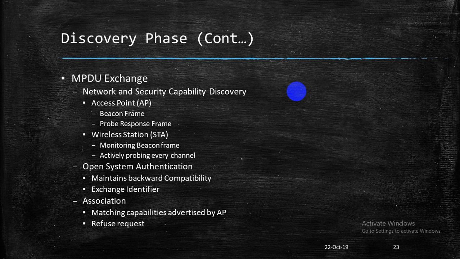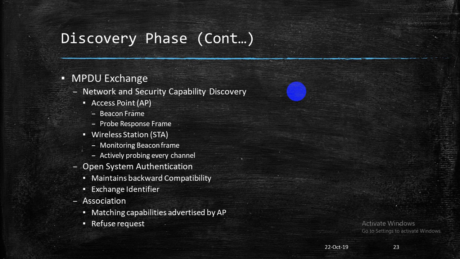the access point gives a beacon frame and a probe response frame, and a wireless station monitors the beacon frame, wants to connect, and sends the response as an active probe.